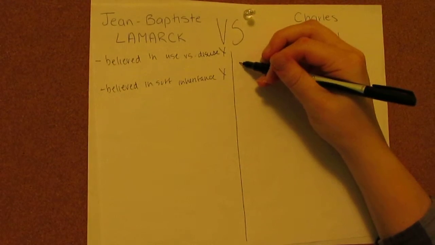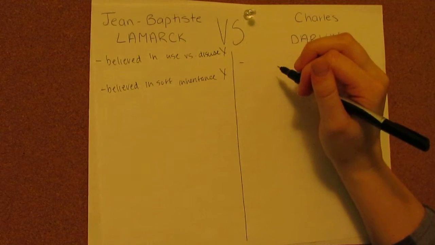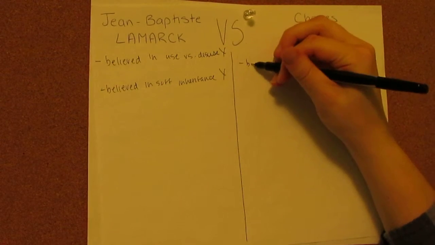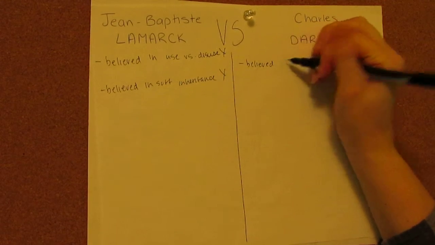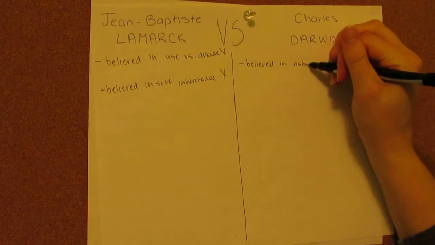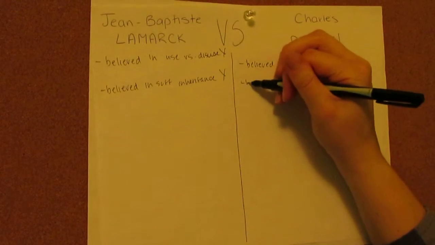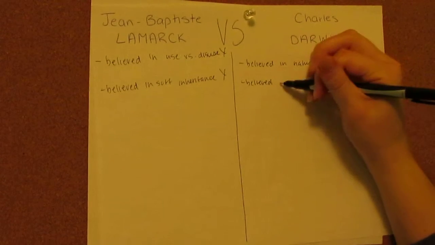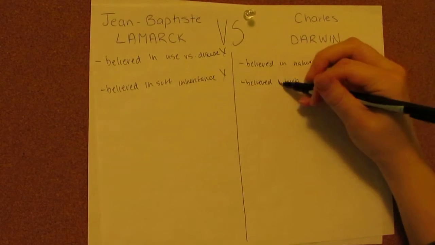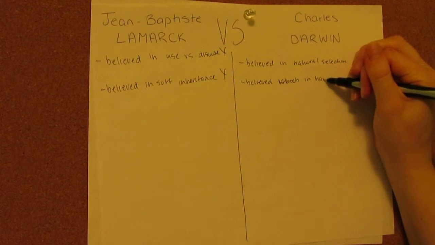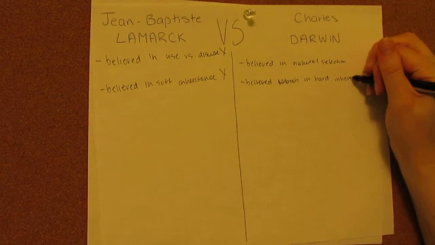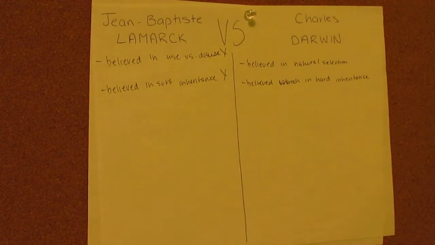Darwin, who is the leading mind in evolutionary biology, believed in natural selection. And he also believed in hard inheritance, which is what we know actually occurs. So again, the use versus disuse theory is commonly confused with Darwin's views about natural selection.